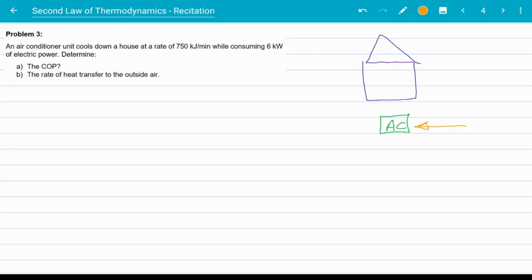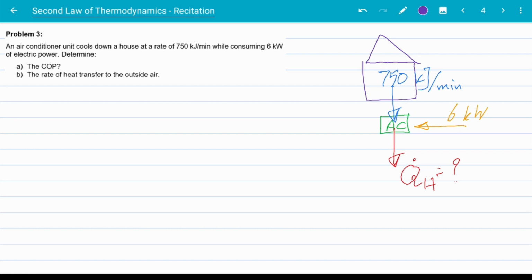It is consuming 6 kilowatts of power. It's absorbing 750 kilojoules per minute from the house, and it's dumping Q dot H, which is unknown, into the outside air, right? So this is a schematic of our problem.